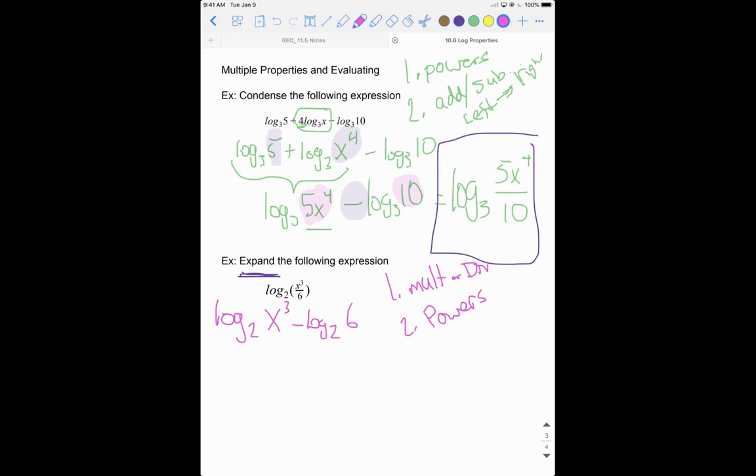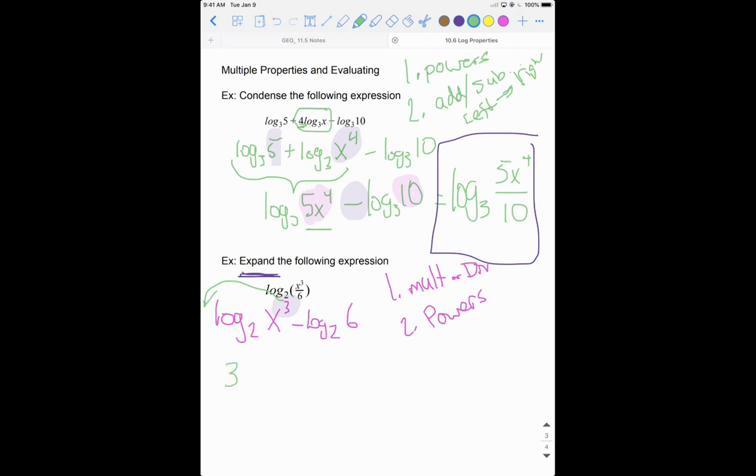Any other multiplication or division going on? Hopefully you see no. So let's look at the second part, any powers. Right here we see that we've got this 3 power, and so we want to expand that. That 3 is going to come out in front there.